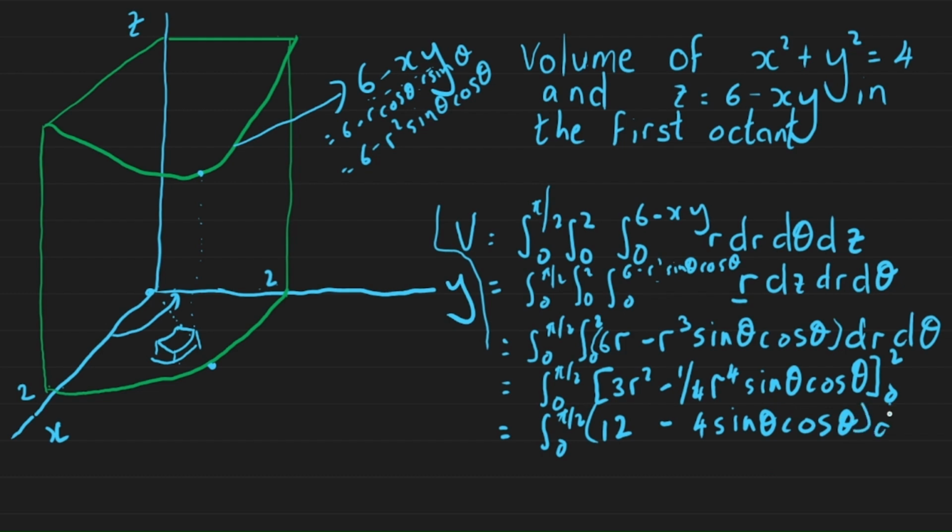And lastly, this is just integrated with respect to theta. And when we do that integration, the integral of 12 is just 12 theta plus the integral of sin theta cos theta is just cos squared theta, and of course we need to take consideration of this 4, so we would multiply it by 2.